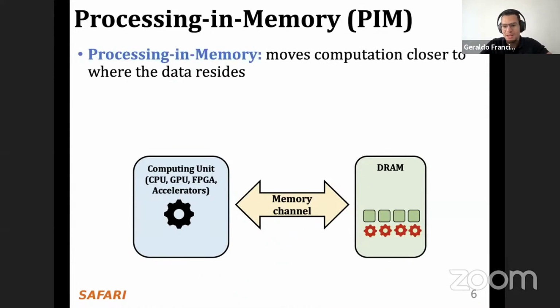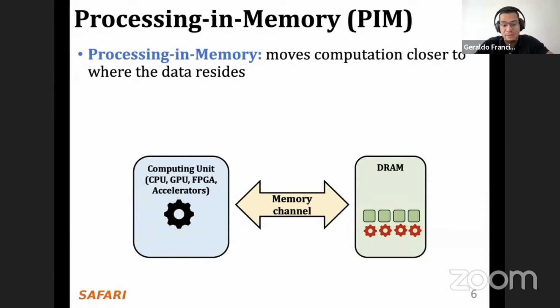To solve this problem, processing in memory has been proposed, not now, but in the 70s was the first paper about processing in memory. But right now it's gaining traction again because the problem is becoming larger and larger because of the amount of data that applications are generating and consuming.